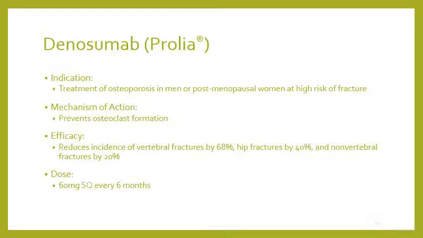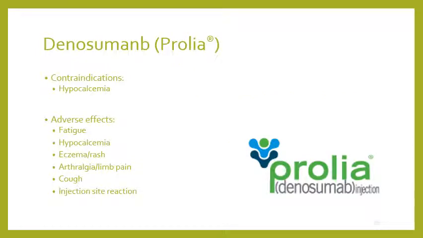The dose is a 60 milligram subcutaneous injection once every 6 months. Contraindications to Prolia include hypocalcemia. Adverse effects can include fatigue, hypocalcemia, eczema or rash, arthralgias or limb pain, cough, and injection site reactions.